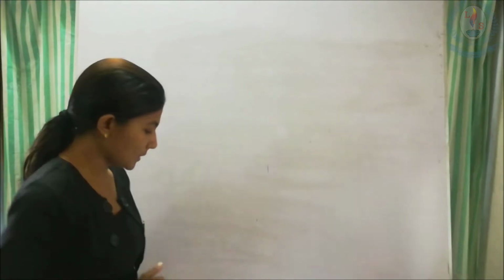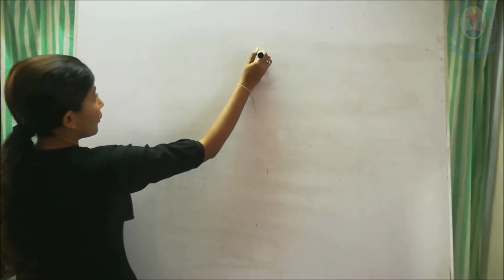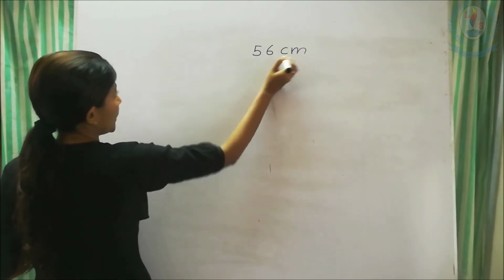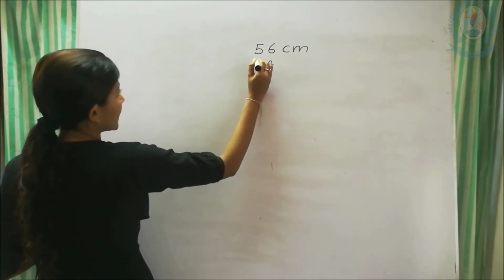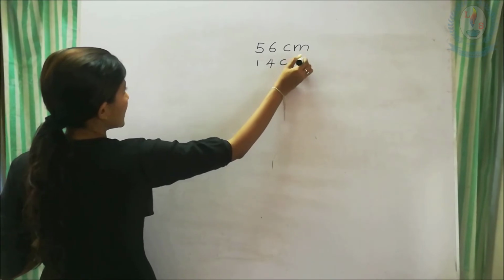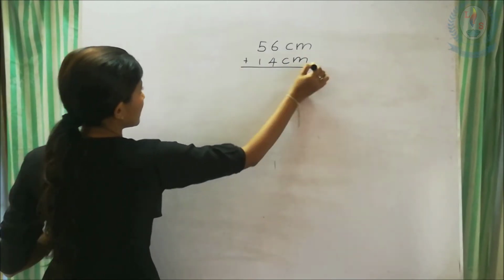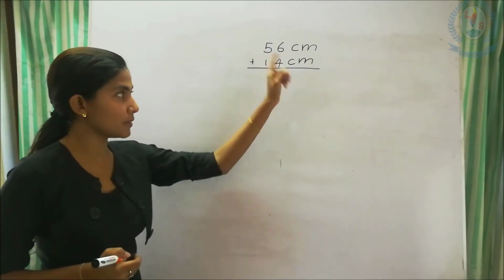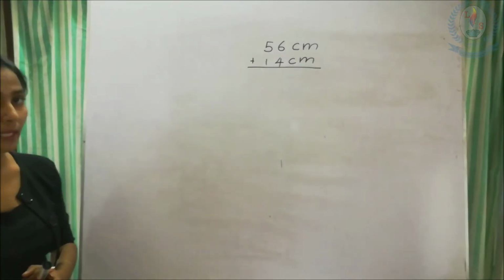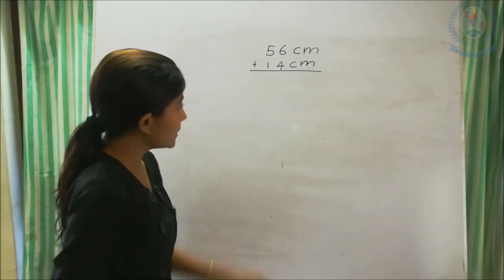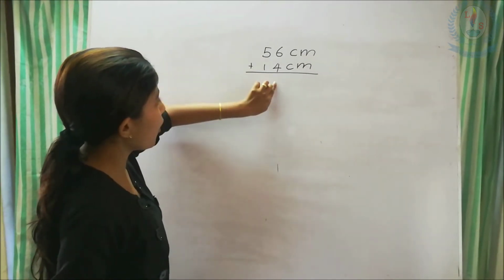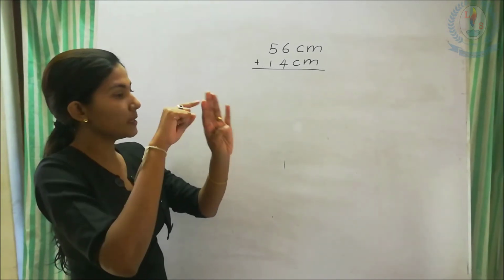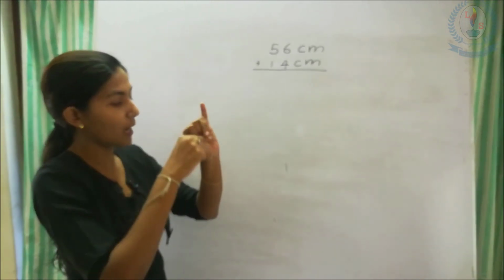Now let's see with centimeters. 56 centimeters. For this we will add 14 centimeters. Right? 56 centimeters, 14 centimeters. Right. 6 plus 4. 6 in your mind. Take 4 fingers. 6, 7, 8, 9, 10.